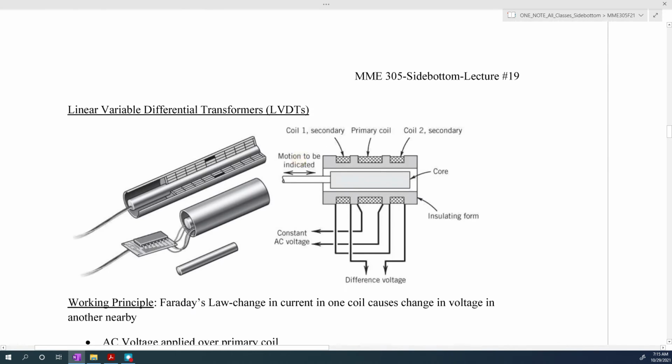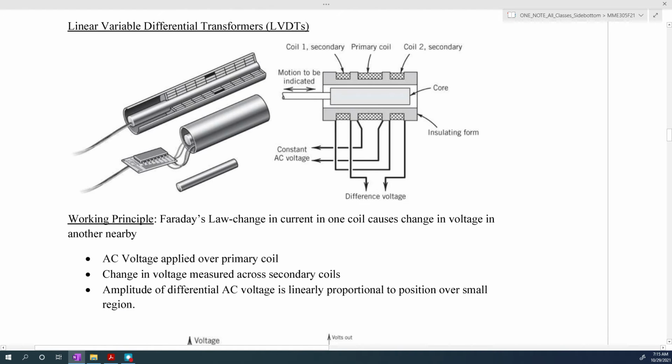The second type of sensor that can be used to measure position is an LVDT, or a linear variable differential transducer. How an LVDT works is a voltage is applied to a coil, and that coil surrounds a cylinder that has a shaft going through it.